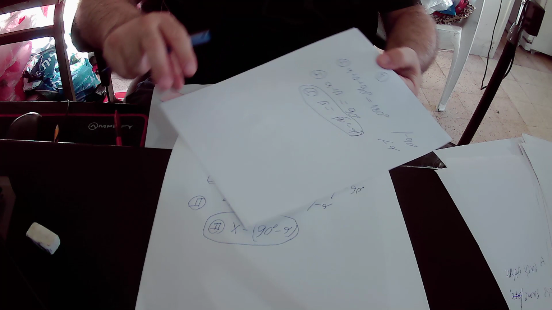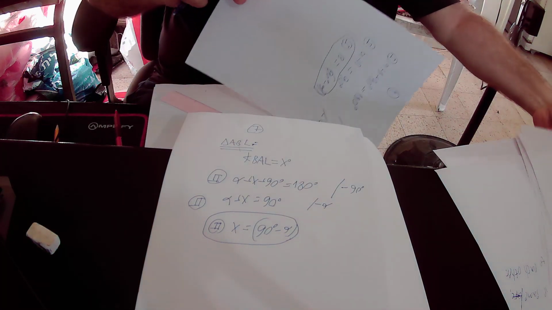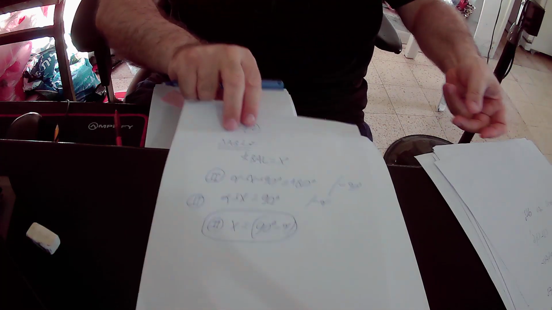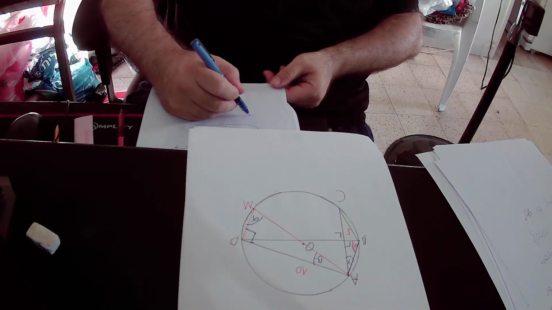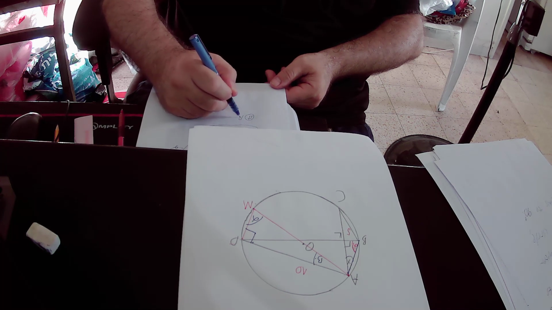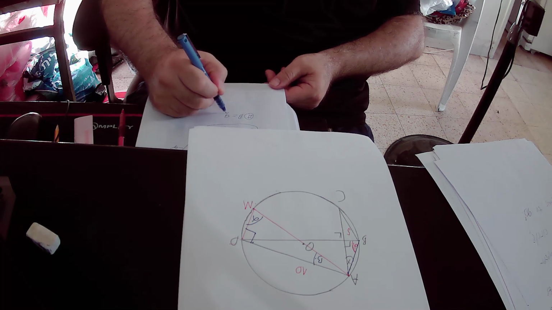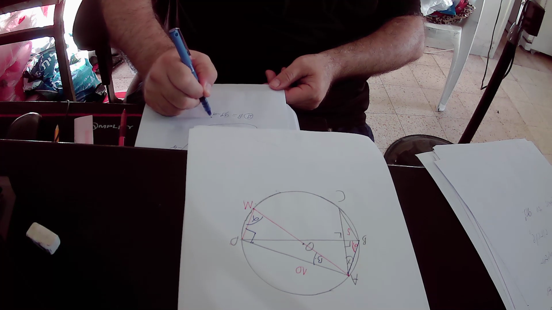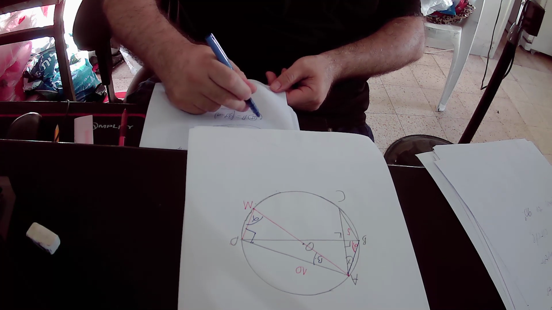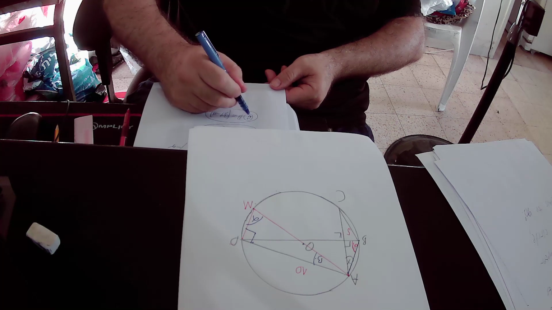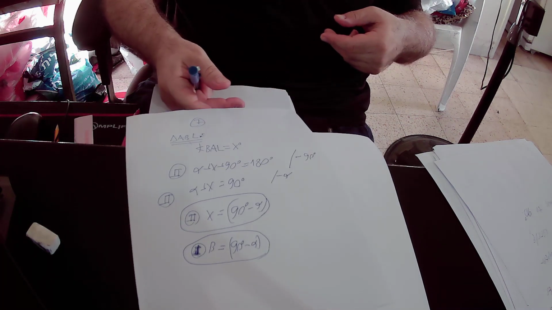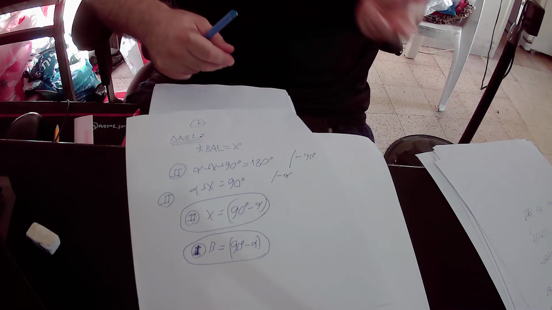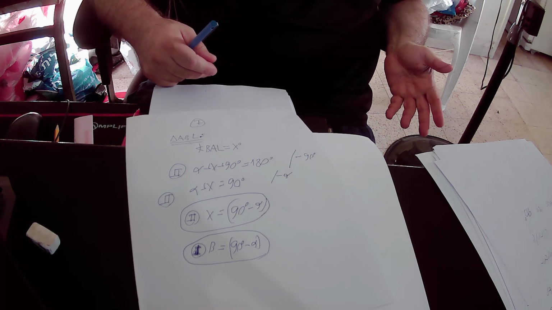So we will write it down. So according to equation number 1, beta also equals 90 degrees minus alpha.